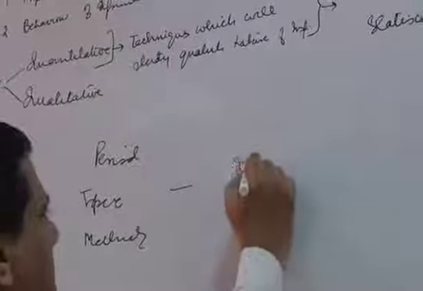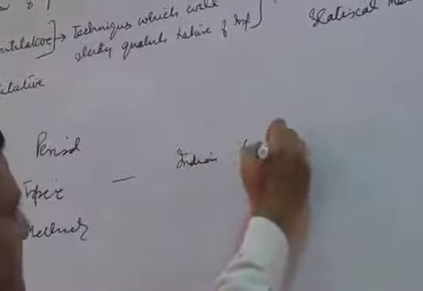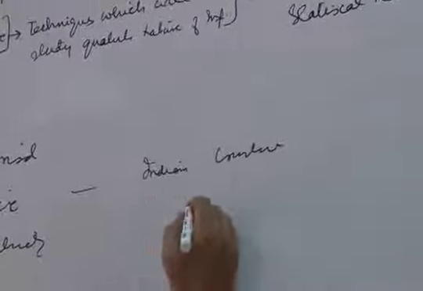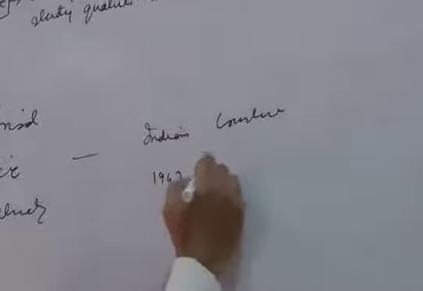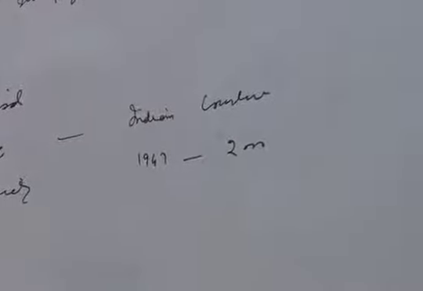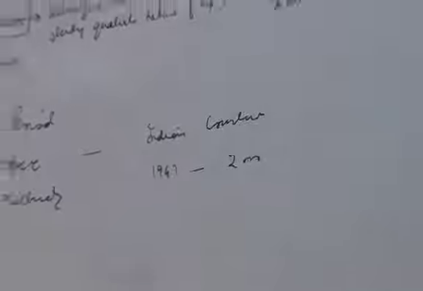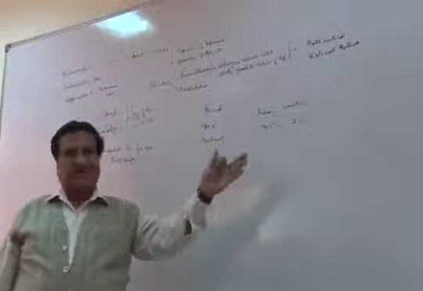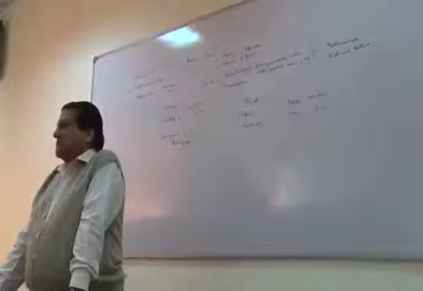Given any topic, like for example, Indian Constitution, period like maybe from 1947 to 2000, whatever has been produced, you compile the bibliography, applying the correct technique of bibliography compilation.